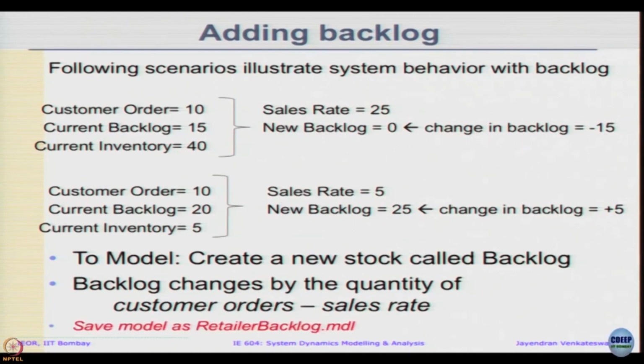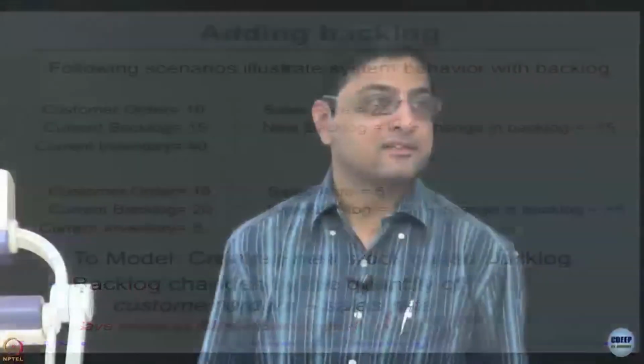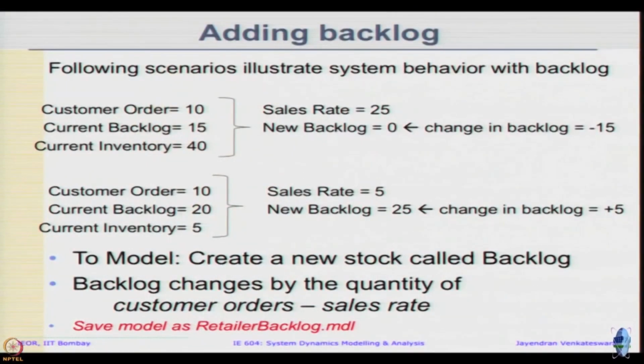If you see the above scenario, the sales rate should be the minimum of inventory and customer orders plus backlog. Earlier you had sales rate as minimum of inventory and customer order, now it will be minimum of inventory, comma, customer orders plus backlog, for it to logically work.